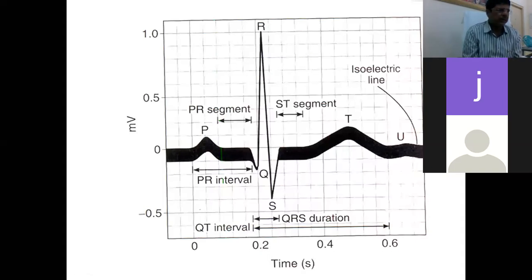The QRS complex represents the ventricular depolarization, and it is masking the atrial repolarization. The T wave represents the ventricular repolarization, and the U wave represents the late repolarization of the papillary muscles. Okay, so moving on.